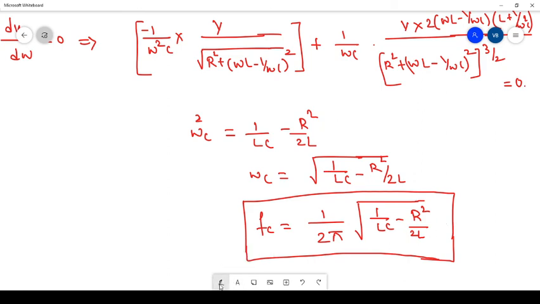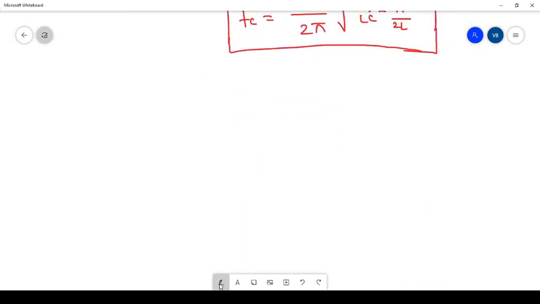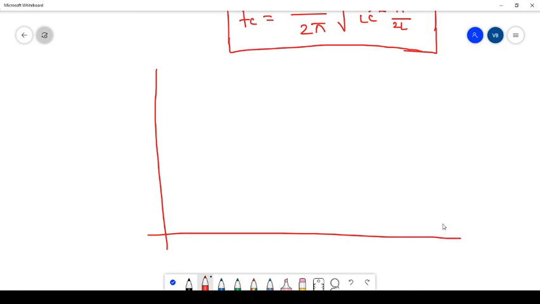Okay, so now we are going to draw the graph of VR, VL as well as VC. Here, on the x-axis I am going to take the frequency, and in the middle the resonance frequency, also called the cutoff frequency.